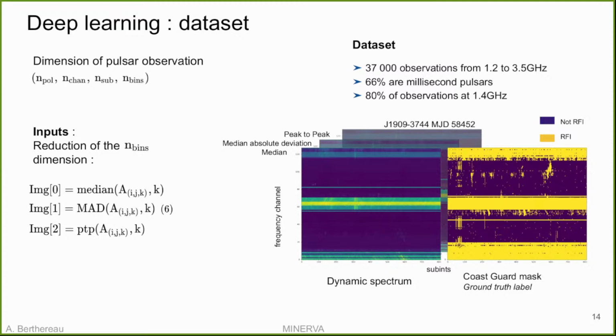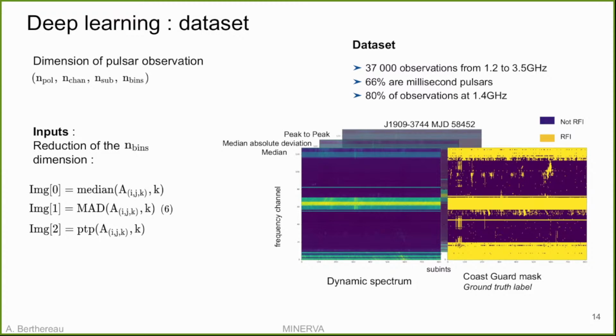The first one will be the median of the bins. The second one will be the median absolute deviation, and the third one will be the peak-to-peak. The peak-to-peak measures the difference between the maximum peak and the minimum one.